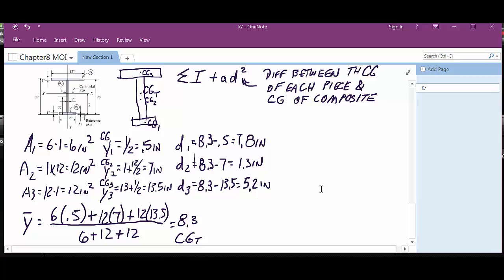Those are the things we have to have. From this point forward, we don't have to have that Y1, Y2, and Y3. All we need to be concerned with now, and you can see it right here, we need the moment of inertia of each individual piece plus the area of each individual piece times the D number now squared. So we can forget about the Y and the Y bar at this point for what we need to use to calculate.